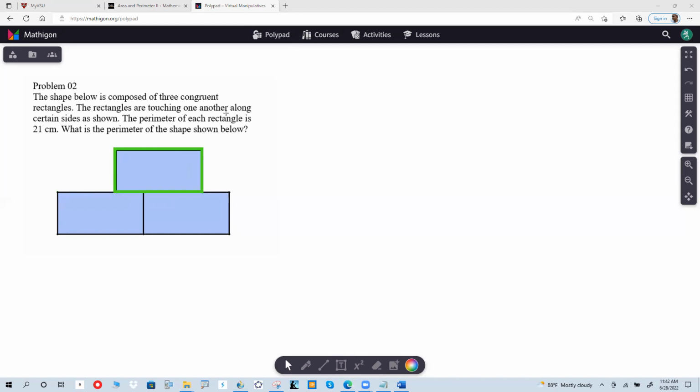That means the two lengths and the two widths added up will give you 21. Remember, we talked about semi-perimeter. If the perimeter of a rectangle is 21, its semi-perimeter is 21 divided by 2.